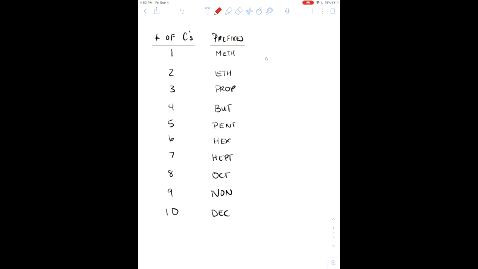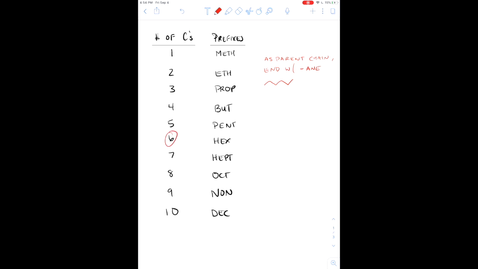Okay, and so there's a couple things we want to add to this. As a parent chain, we want the end of a particular substance to be ane. So what I mean by that is 1, 2, 3, 4, 5, 6 carbons, right?